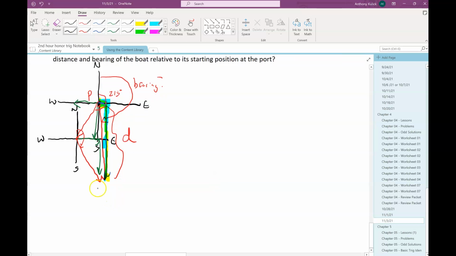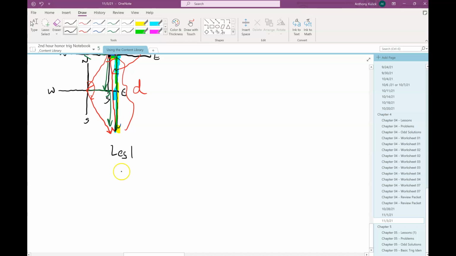Okay, so let's think of this as two phases. We're going to have the first leg of our trip. So I'm just going to redraw this with only the first leg on here. So that was a 215-degree angle, and then 35.